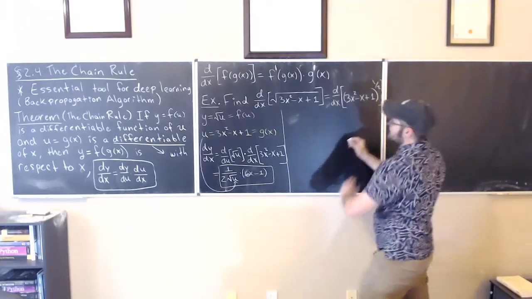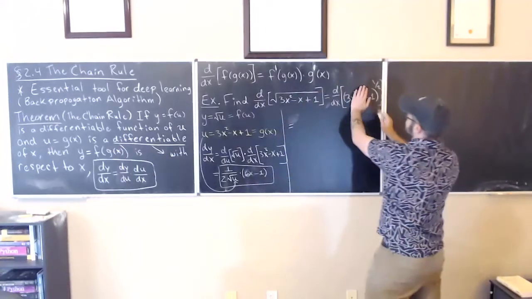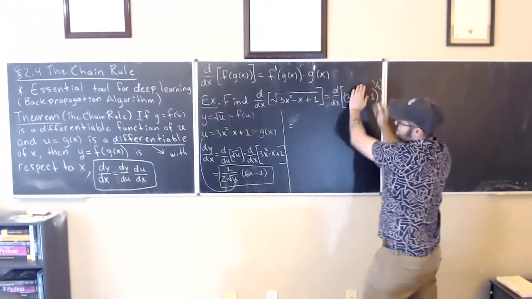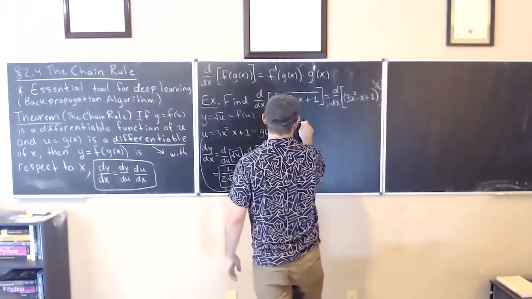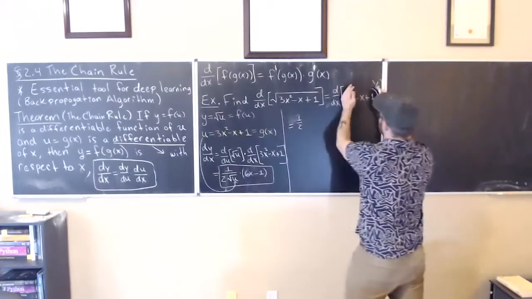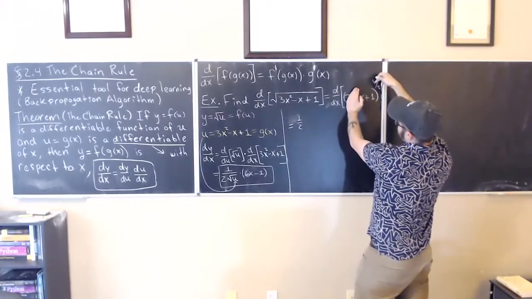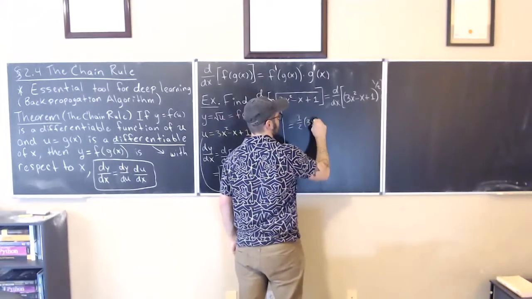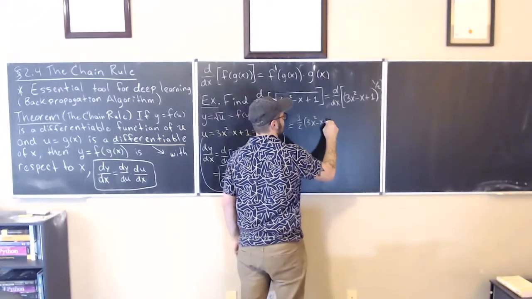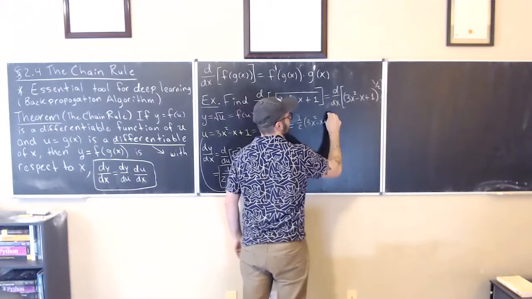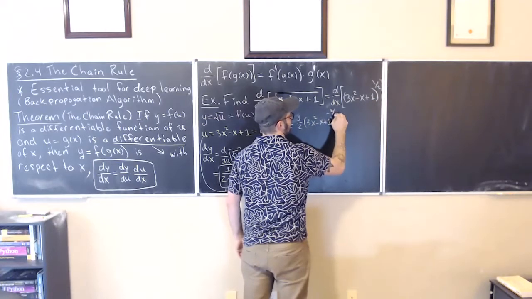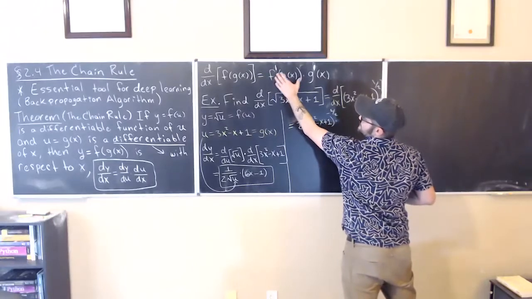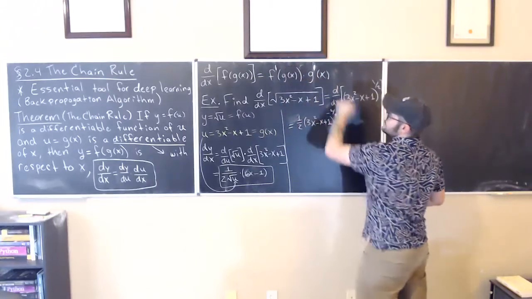So what's the derivative of the outside function? Well, it's like taking whatever was in there as a variable. So it's 1/2 times the front, and then whatever is here to this power minus 1. So 1/2 minus 1 is minus 1/2. So that's f prime, that's the derivative of the outside, times the derivative of the inside.